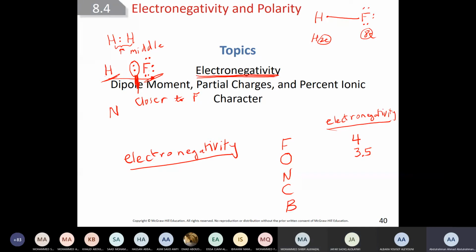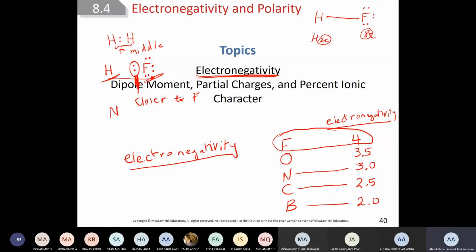Good. Now, each one is given 0.5 less. What is it for nitrogen then? 3.0. Good. What is it for carbon? 2.5. What is it for boron? 2.0. I want you to memorize this one.